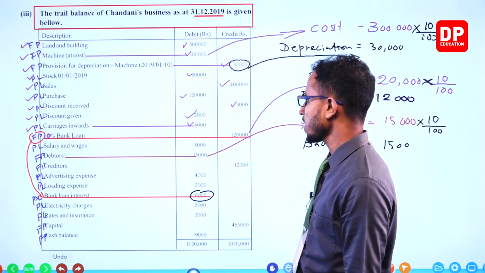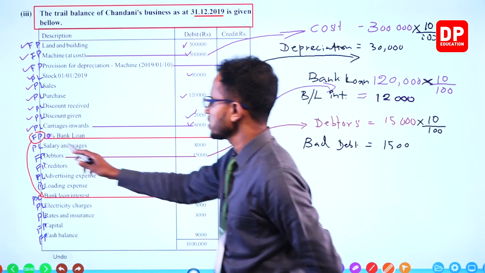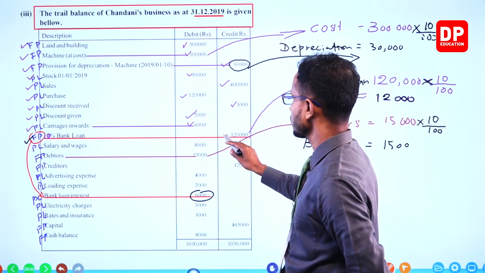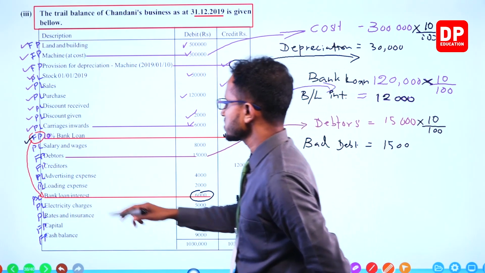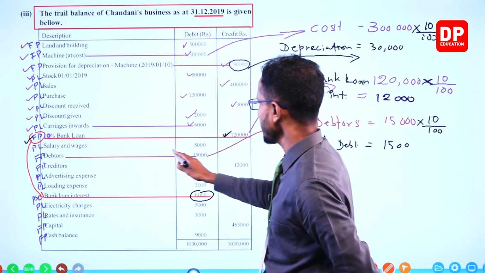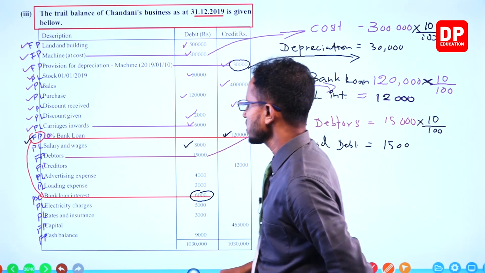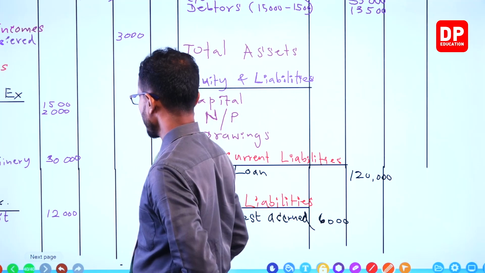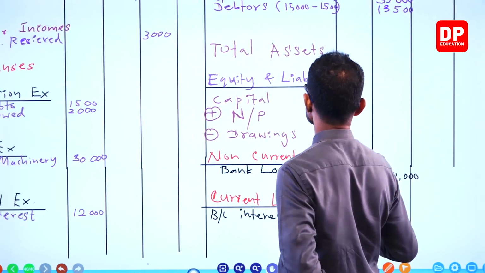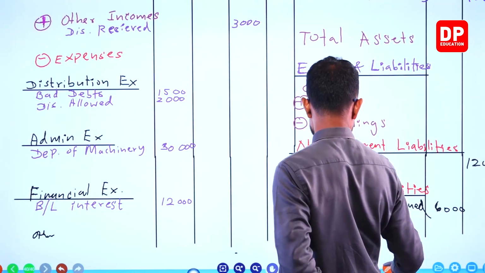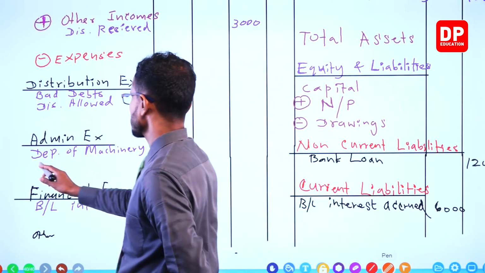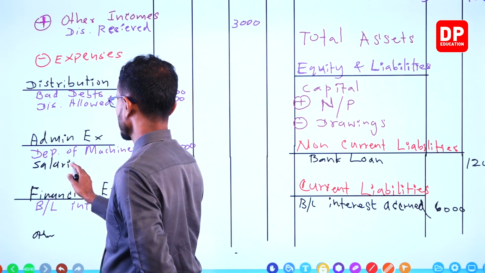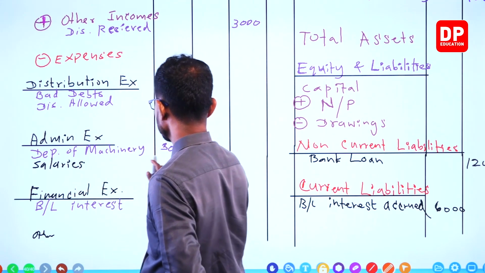Okay, done. Bank loan we recorded, so tick it and go to the next item. Salaries and wages, it's an expense, 8,000. Take it to the P&L under admin expenses, salaries, 8,000.